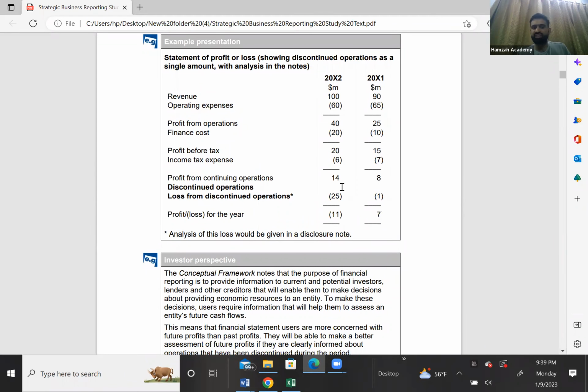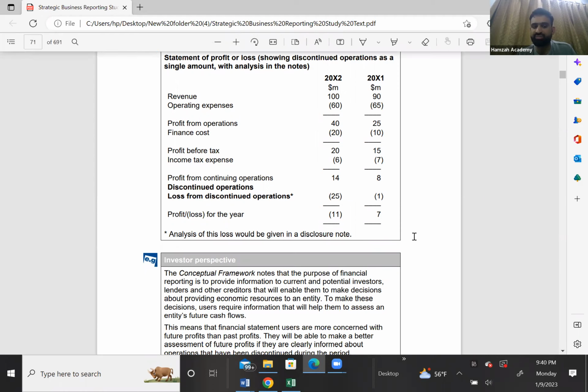Here you can see the explanation: we have revenue, operating expenses, profit from operation, finance cost, profit before tax, and profit for the year is 14 million, and it is from continued operation. And discontinued profit and loss is presented separately in the profit and loss account.